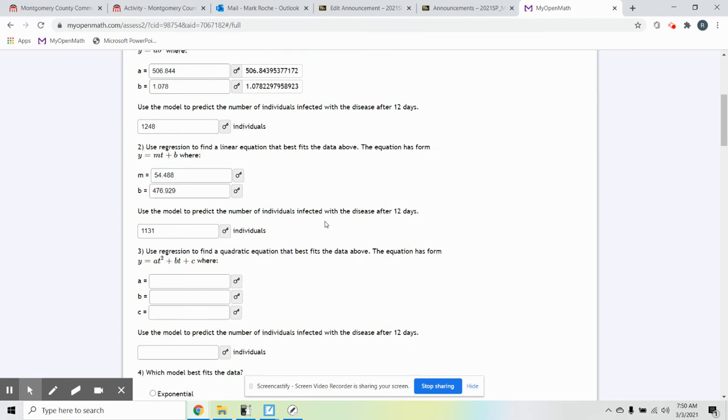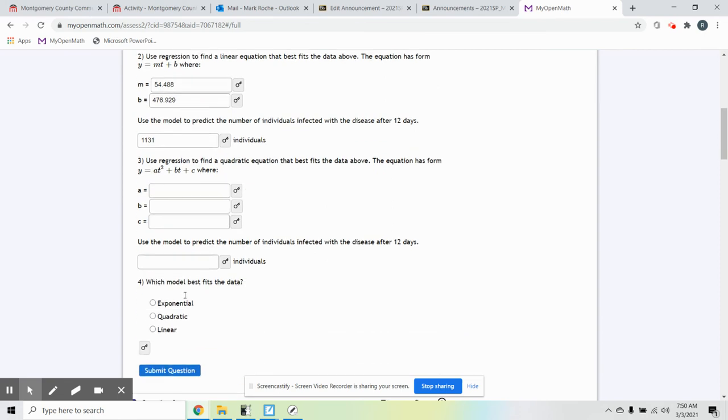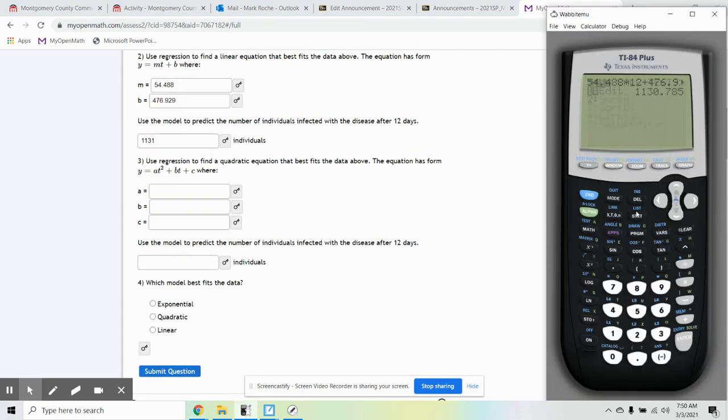Okay. And then we're going to do it one more time with the quadratic regression. My X list is all 1. Yeah, all the way through.